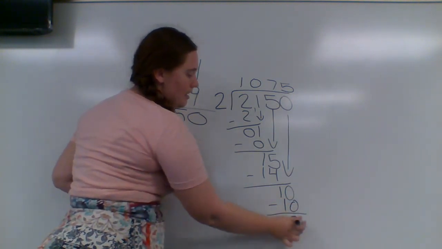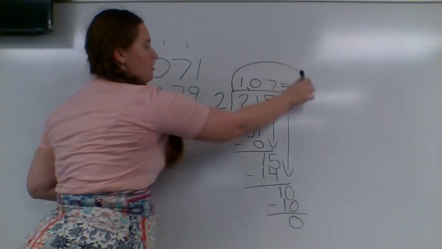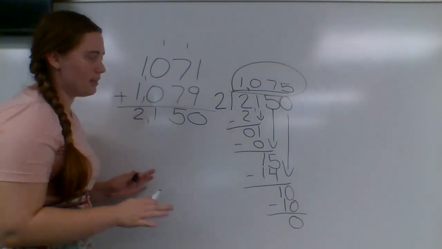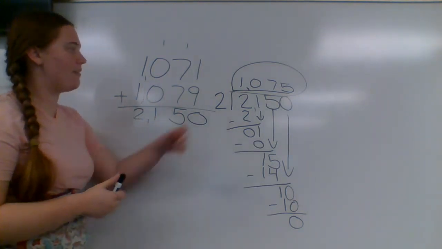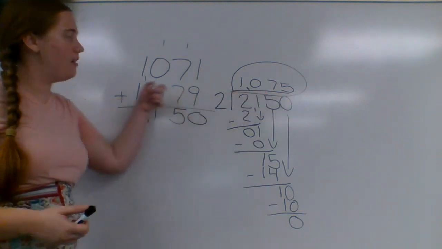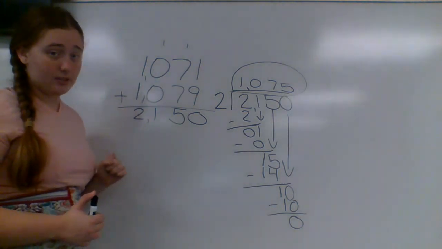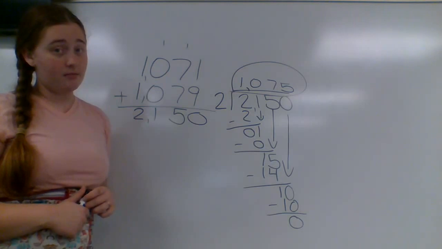Subtract 10 minus 10, and it is 0. So my answer is 1,075, not 1,700, 1,075. And you notice how 1,075 is between these two numbers? So I know that this answer is correct.